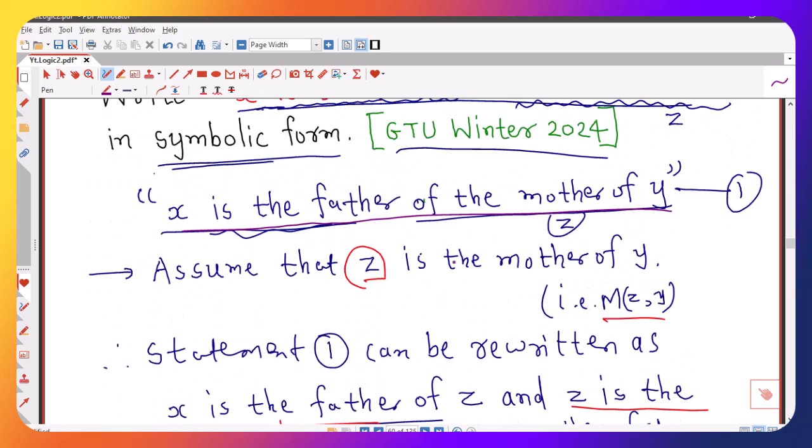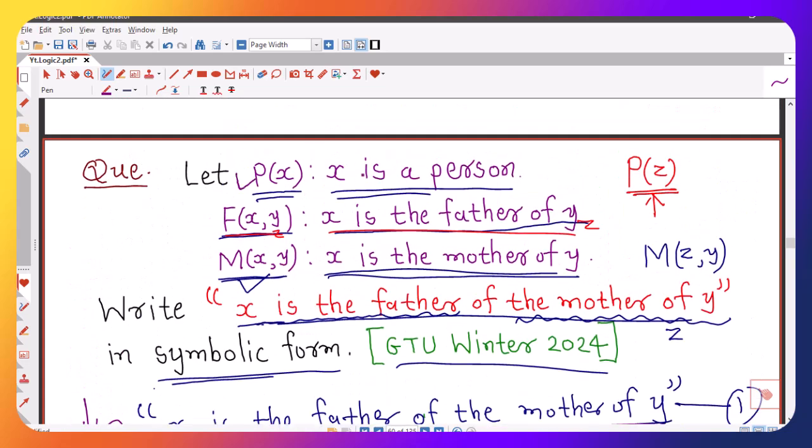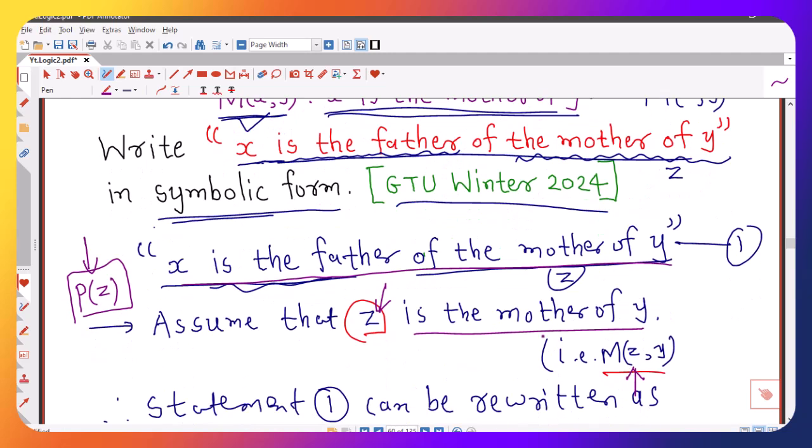So we first assume that some person z exists which is the mother of y, and that we can write in symbolic form as M(z,y), and we assume that z is a person, that we denote by P(z) using this statement function. Here we have to write x is the father of the mother of y, that means x is the father of the mother of y, which we have denoted by z.